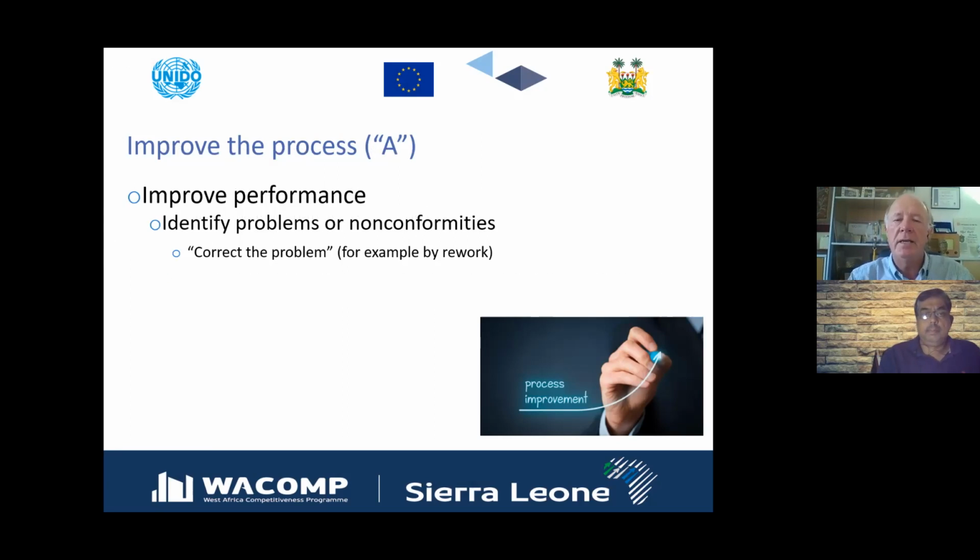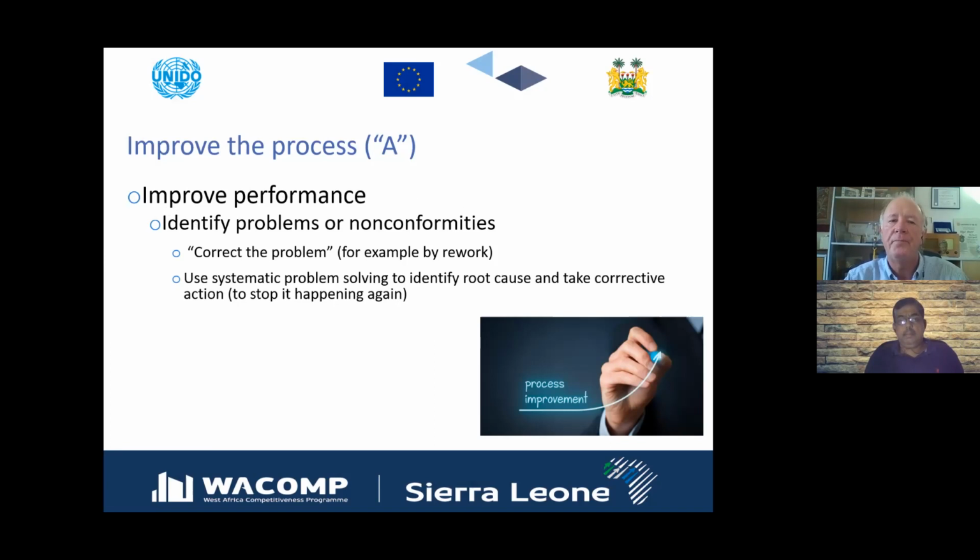I would say, let's say if I think in an agricultural situation, maybe we have a requirement for the cassava to be clean and well washed before we actually sell it to the market. Well, if it's not clean, we can rework it by putting it back into the cleaning plant and cleaning it some more. That is rework. That is correcting the problem.